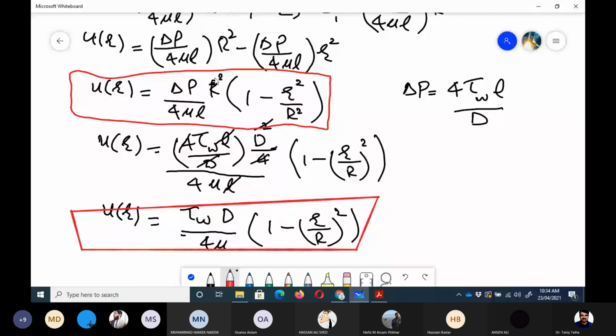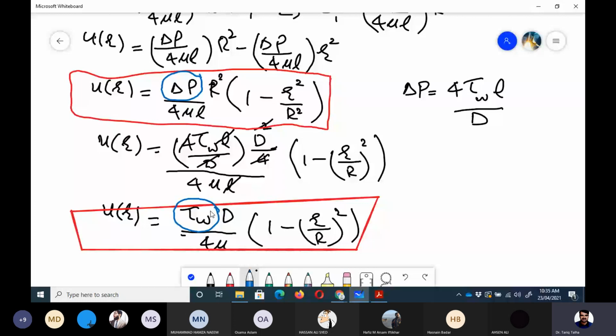So here we have got the pressure drop, and here we have got the wall shear stress. So these are the two important parameters which we need to know in case of laminar pipe flow. So wall shear stress and delta p relation with the velocity profile.